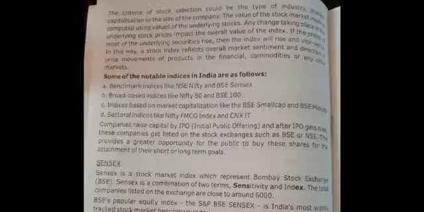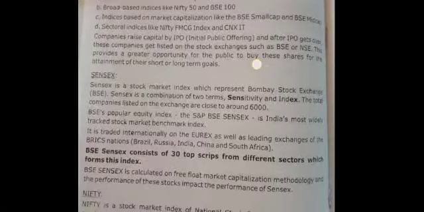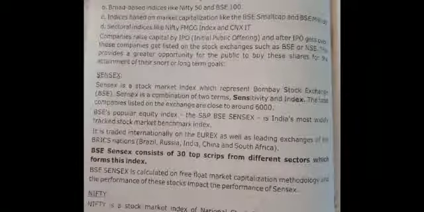So, next topic, Sensex. Sensex is a stock market index which represents the Bombay Stock Exchange. It relates completely to the Bombay Stock Exchange. It is a combination of two terms: one is sensitivity and another one is index.